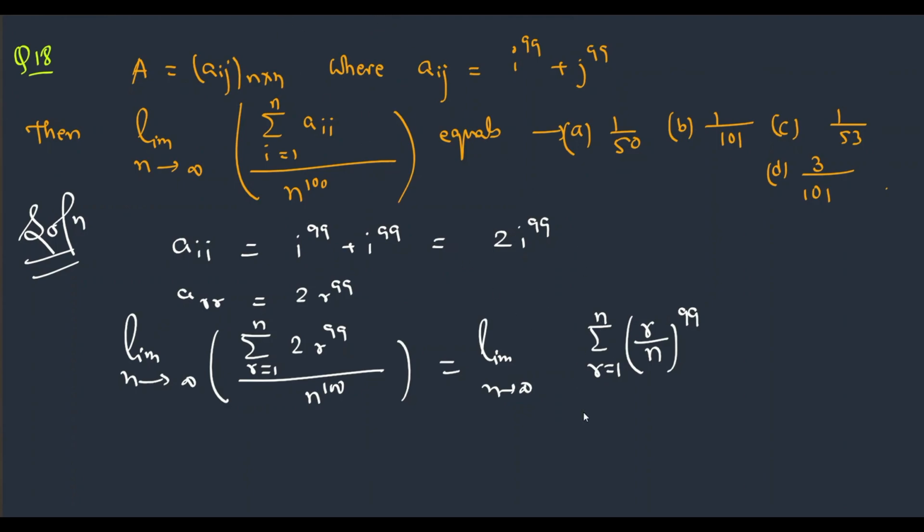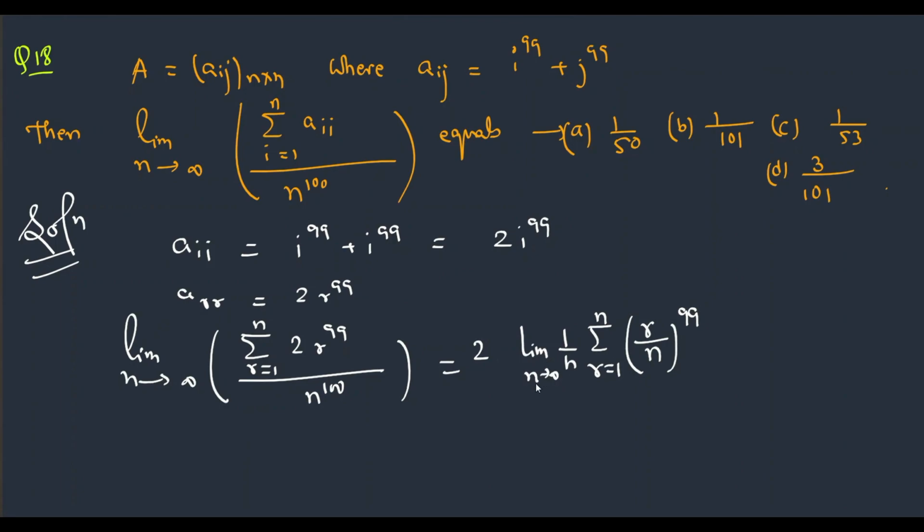So this 1 by n I am going to write here, then this 2 is left, so I can write it outside of the limit. Now can you identify this formula?